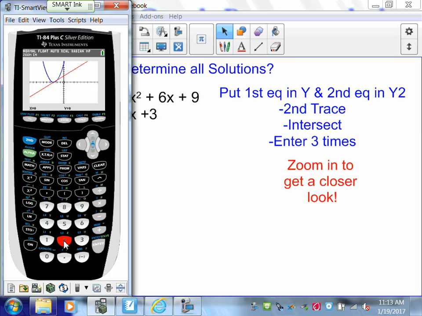Try to center the graph. You want to tell the graph where to center the zoom. So move the blinker up a little bit, and over just a little bit more, so we can see what's happening.